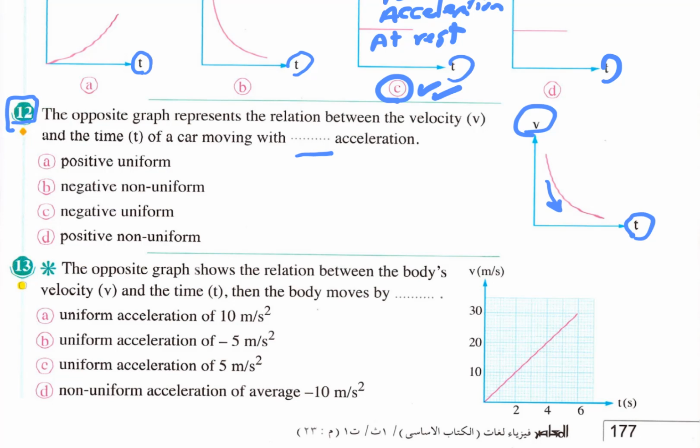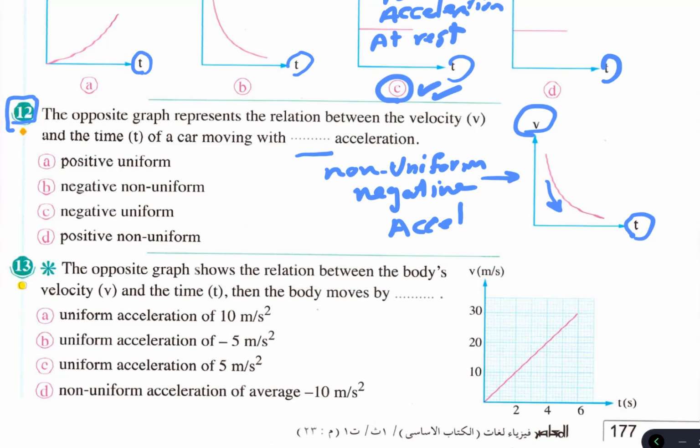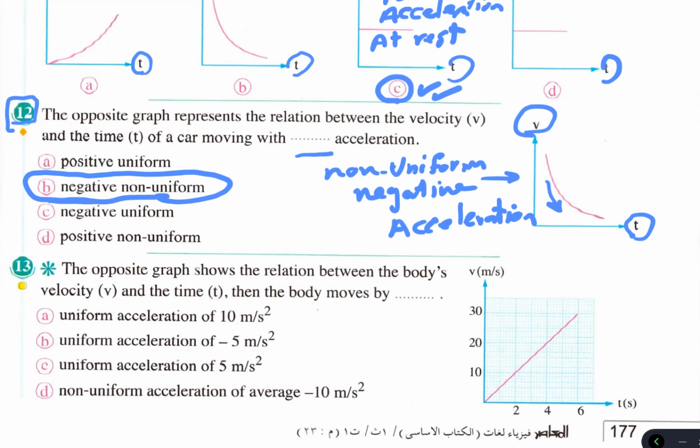So this graph represents non-uniform negative acceleration, or negative non-uniform acceleration.